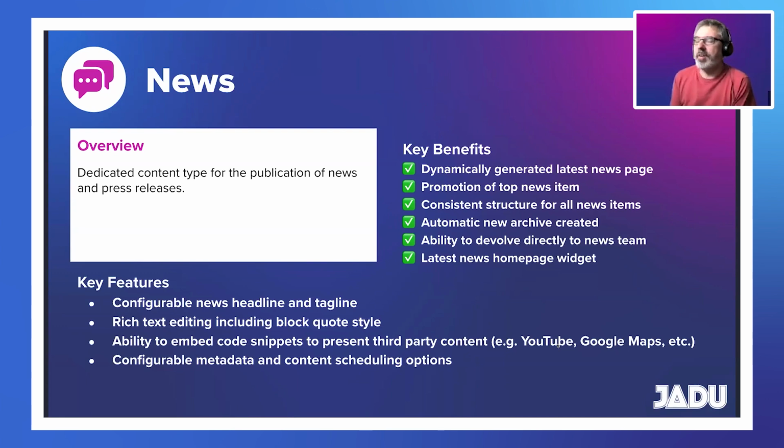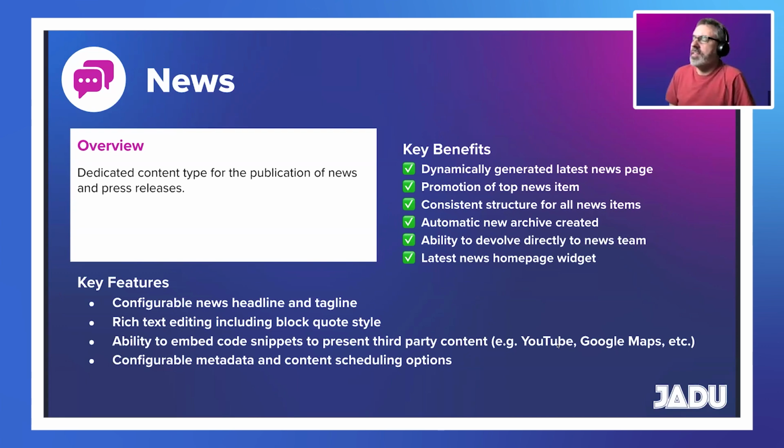It dynamically generates the latest news page for you, and you also have the option of choosing a top news item. So if there's a particularly important news item, you can flag it as the top news item, and it will display right at the top of the latest news page in order to highlight it until you come along and choose a different top news item in the future.